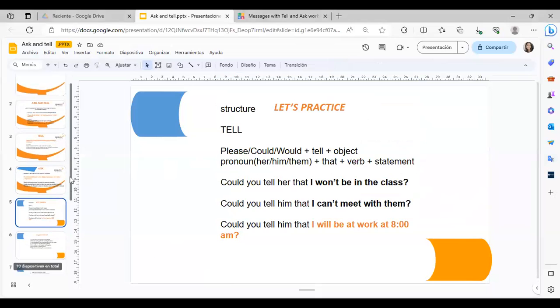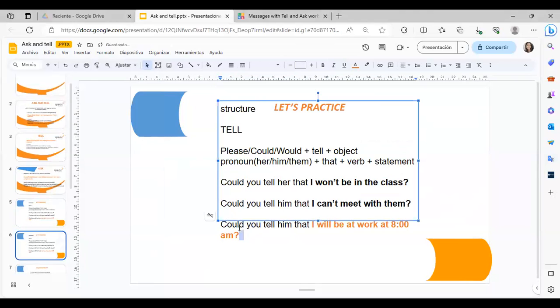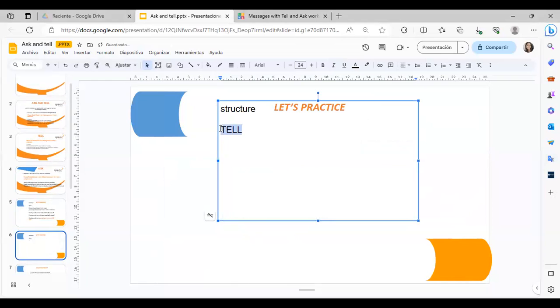We're going to continue. Now I want you to give me some examples, but now with ask. Who can help me with the formula or the structure? Now I see that you have a better picture of the topic. So please, and what else are we going to have in this one?